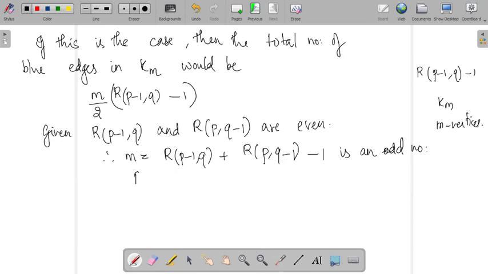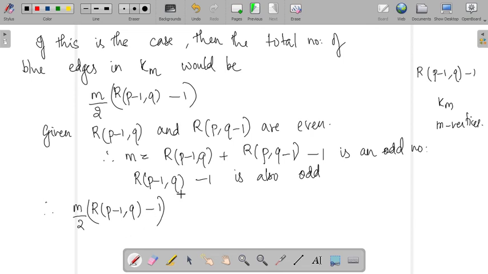And again R of P minus 1 Q minus 1 is also odd. So m by 2 into R of P minus 1 Q minus 1, both being odd, their product will be odd. So m by 2 into R of P minus 1 Q minus 1 is not an integer, but this actually counts the number of edges, so which is not an integer, so that is not possible.